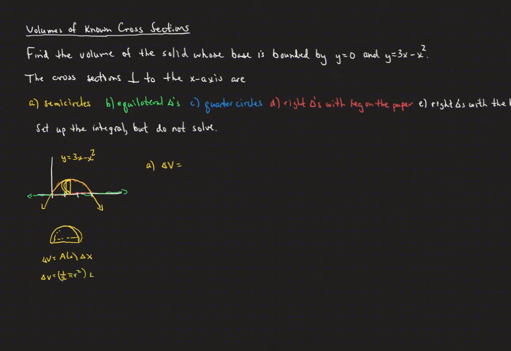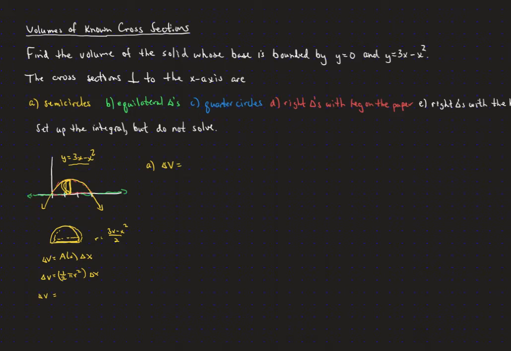That's going to be the area times a delta x. So our radius, if you notice, this length right here is this distance right here, which is our function. That's going to be the 3x minus x squared, but that's a diameter. So the radius is going to be our function 3x minus x squared divided by 2.